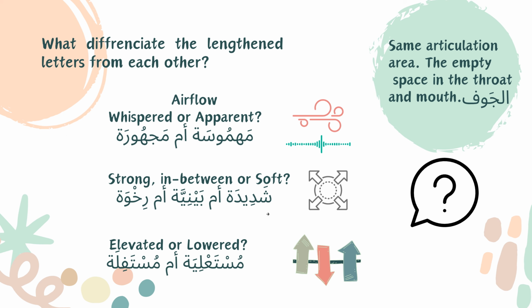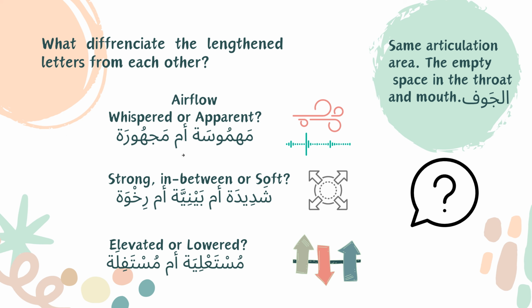I will remind you regarding these. We were talking about whether the sound is allowed to run in the makhraj or not. If not, it's strong, it's shadida. If yes, it is rikhwa, soft. If it runs a little bit, and that is the letters of Lin, Omar, then it's in between.